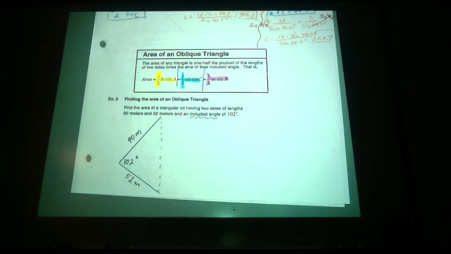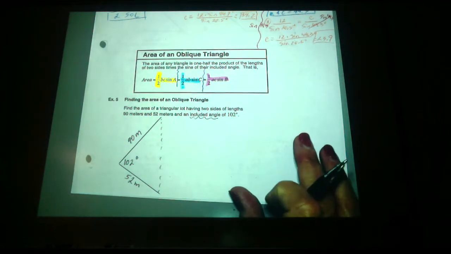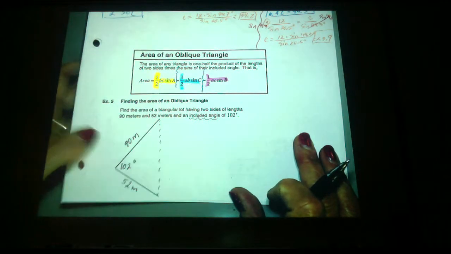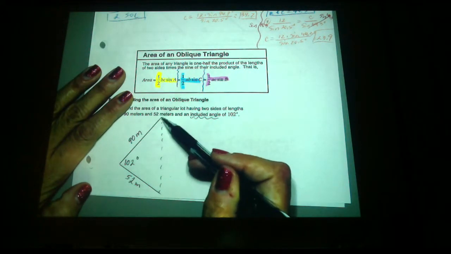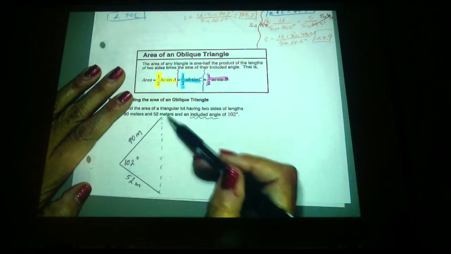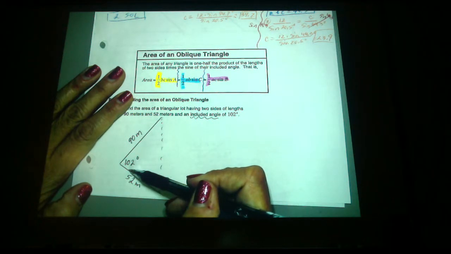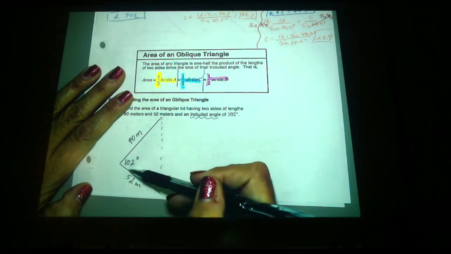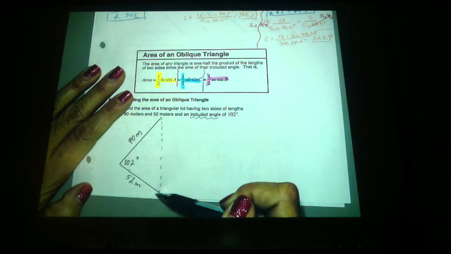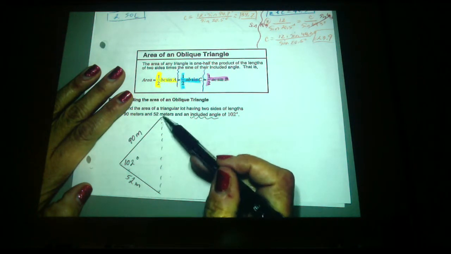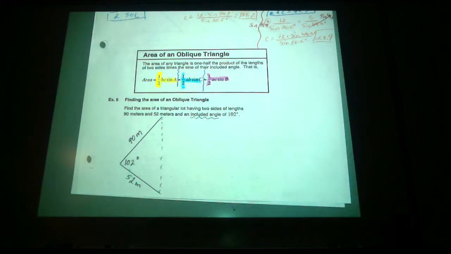So instead, if I were to do 1/2 base times height, I would have to bring this height straight down perpendicular to the opposite side, and I'd have to know that height and this side. Well, if I don't have the ability to find that height, we've come up with a different formula for area when we only know 2 sides and the included angle.